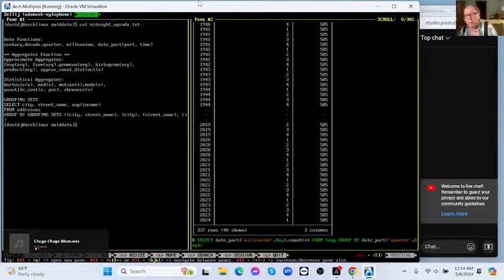Now, part of the problem with Zellij is it's really designed for programmers and software developers who aren't really interested in graphical design, and they aren't interested in mice and stuff like that.